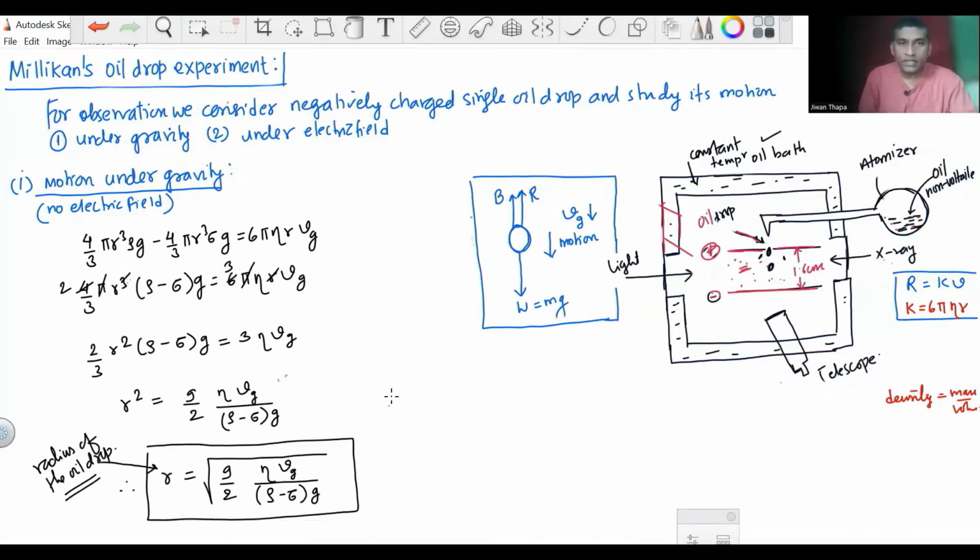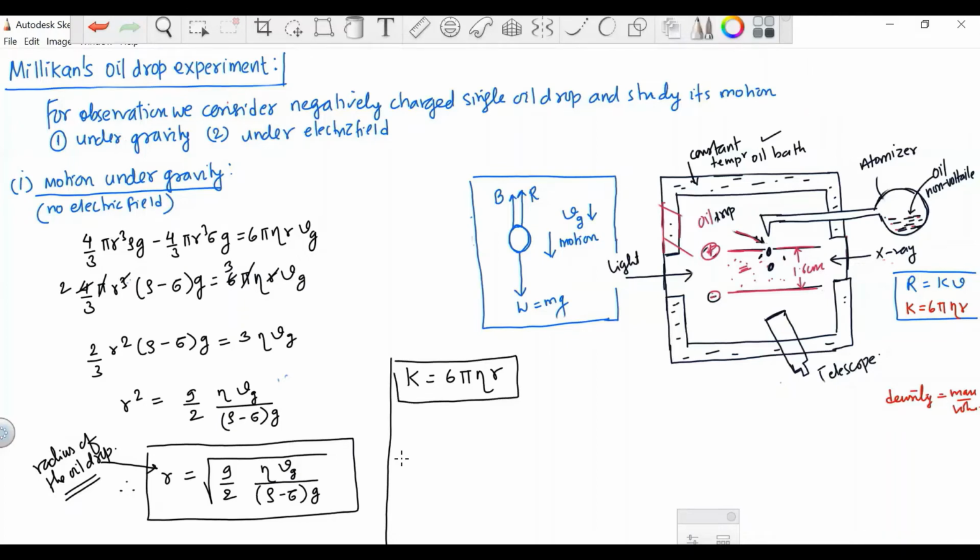Now we can find the value of K, and we know K equals 6 pi eta r. So K equals 6 pi eta, and r is this: 9/2 eta Vz by (rho minus sigma) g, and whole power 1/2. Clear?